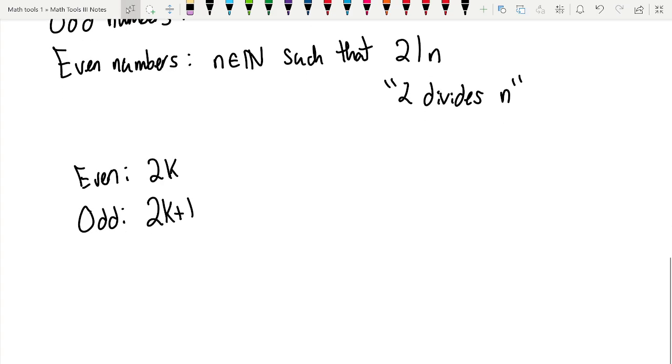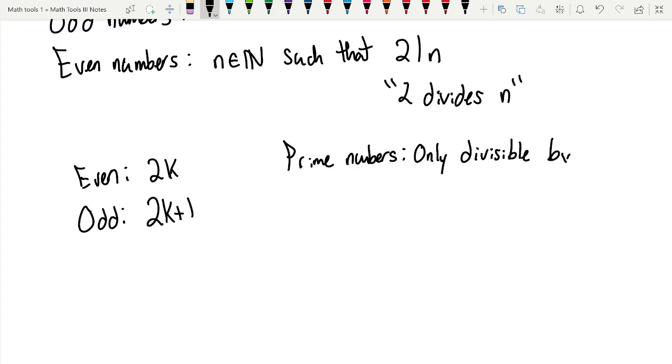Then of course we can also think about prime numbers, another common type of number that comes up. Prime numbers are only divisible by 1 and itself. It's important to note that 1 is not prime.